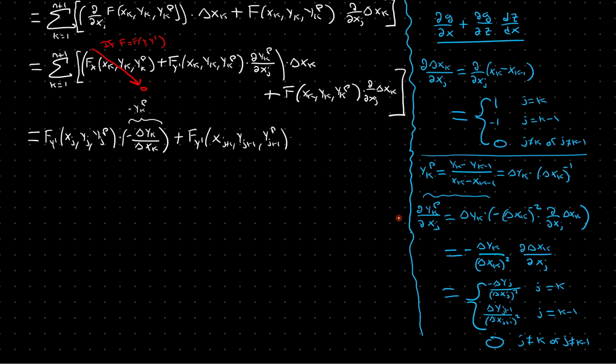This just gives you delta yj plus 1 over delta xj plus 1, which is just yj plus 1p. Just like this is negative ykp, or sorry, it should be yjp.